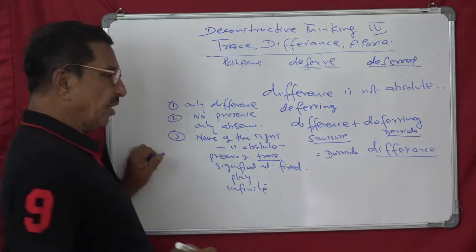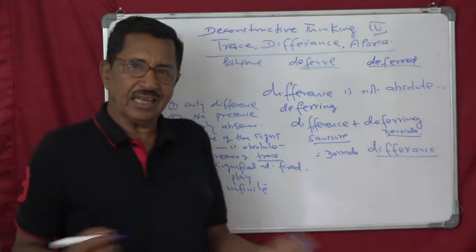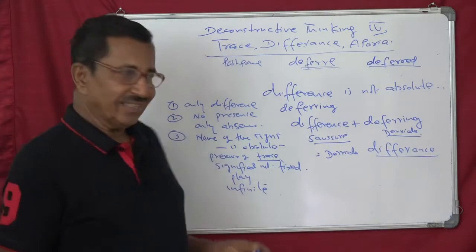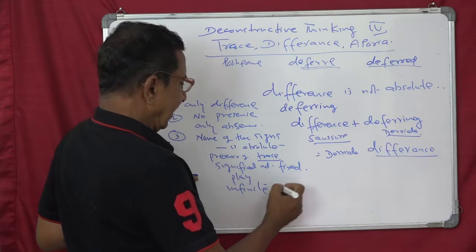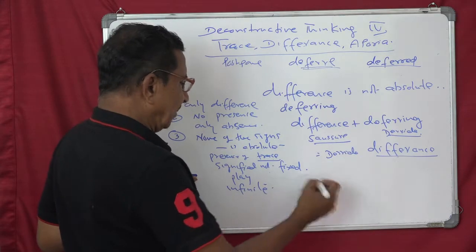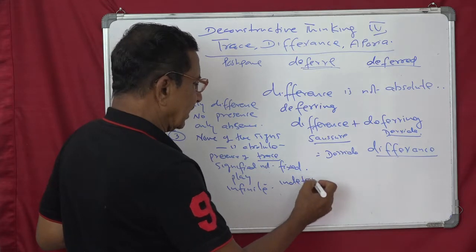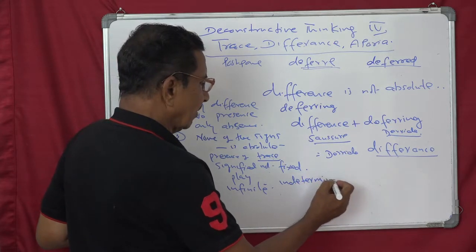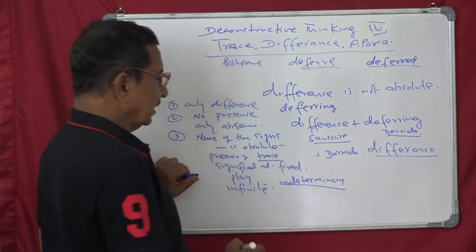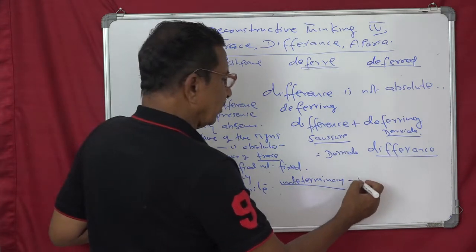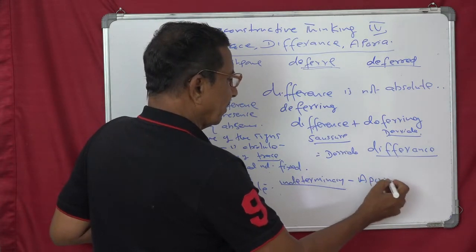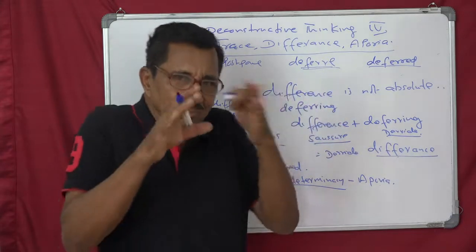Since there is infinite play of signifiers in any language, the meaning, the signified, undergoes indeterminacy. Understand? This indeterminacy leads you to aporia, because you cannot grasp anything as such.